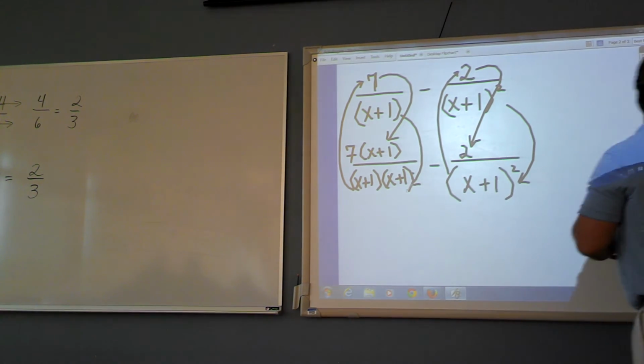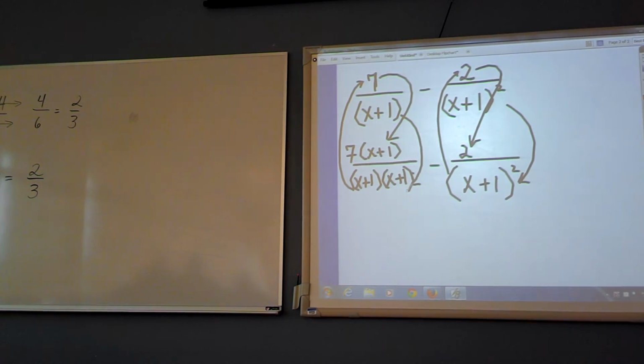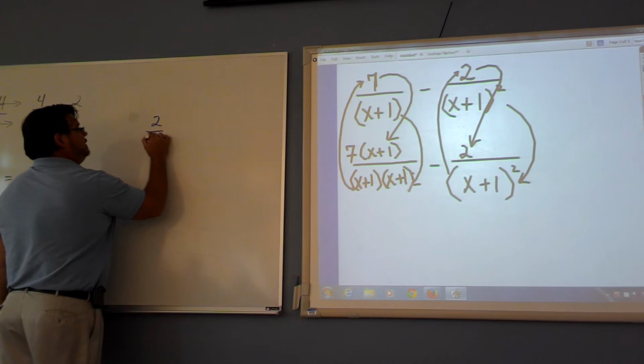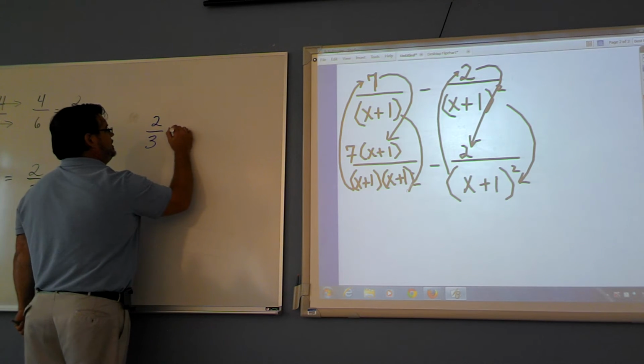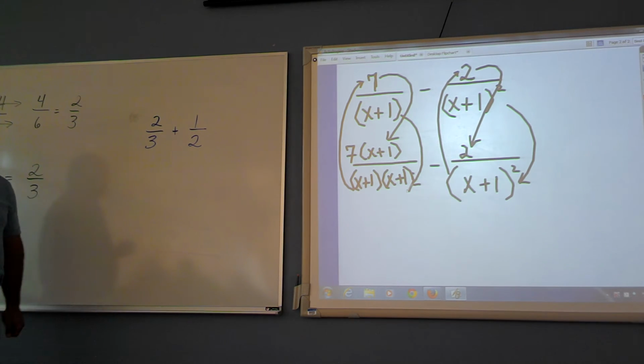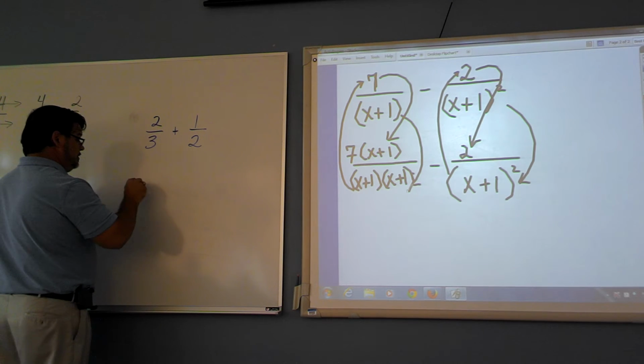Now, let me show you this, and I always show students this when I get that question. 2/3 plus 1/2. Now, a lot of them say, well, the common denominator is 6. Well, technically you're right, but if you really want to see the mechanics of the math, this is what you do.